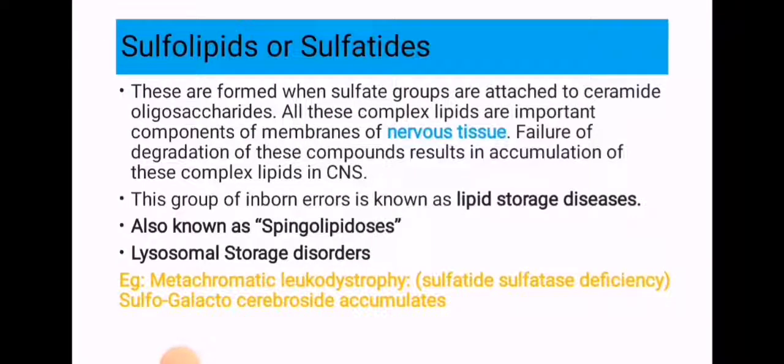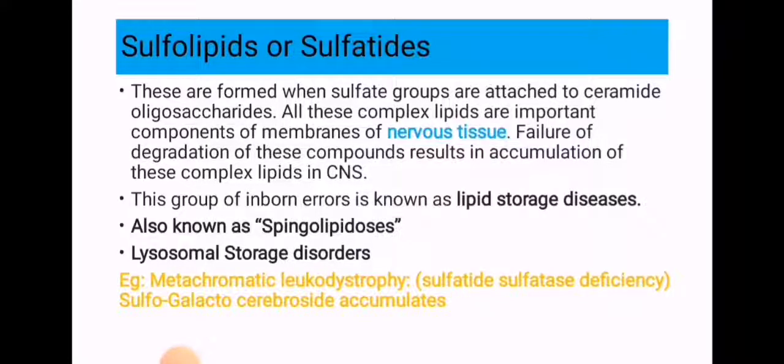Then sulfolipids or sulfatides. These are formed when sulfate groups are attached to the ceramide oligosaccharides. These complex lipids are important components of the membranes of the nervous tissue. Failure of the degradation of these compounds results in the accumulation of these complex lipids in the CNS. This group of inborn errors is known as lipid storage diseases.